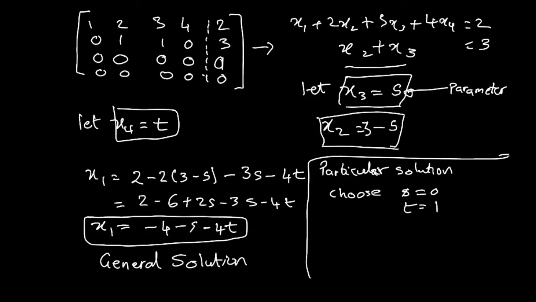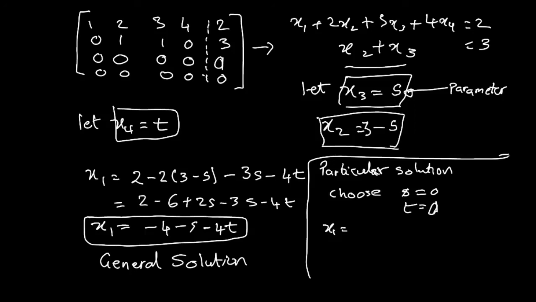And you can choose s and t both to be 0 as well. There's no issue there. Actually, to make things easy, I'm going to let t be 0 also. So both s and t are 0.